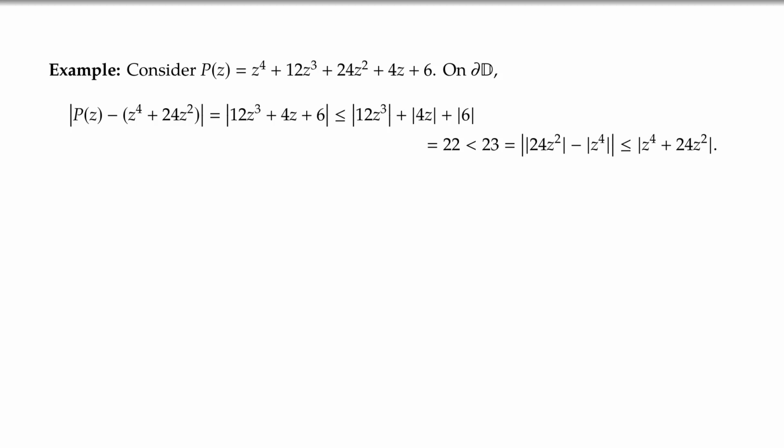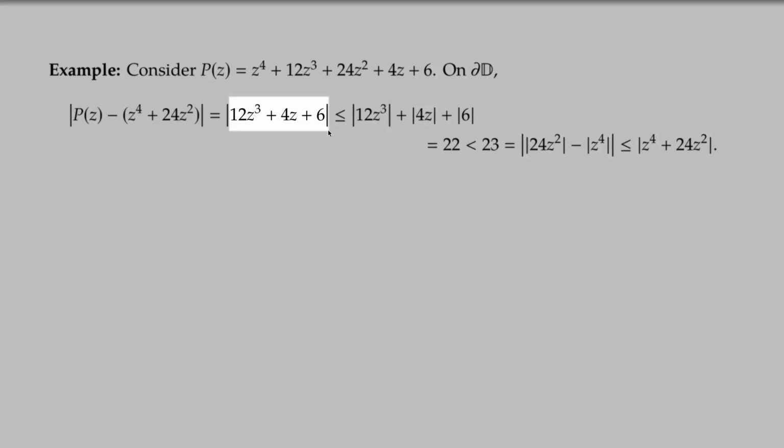So for example here, I could subtract z to the 4th plus 24 z squared from p, I get this expression, and I could just apply the triangle inequality, and I get this expression.